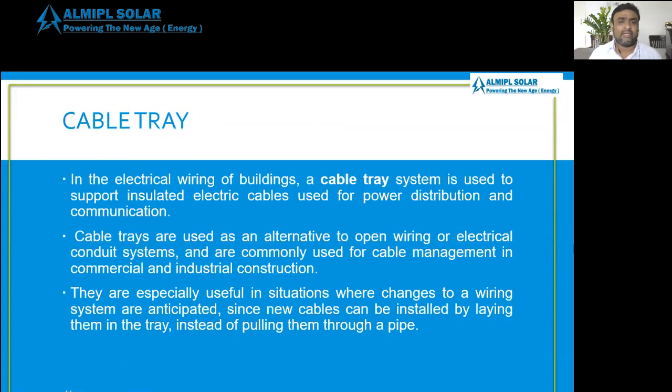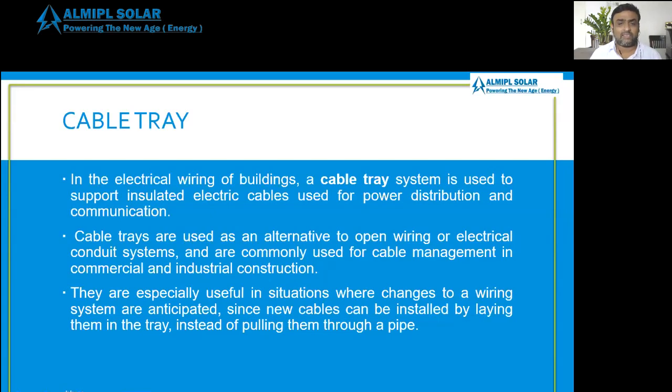Cable tray. In the electrical wiring of buildings, a cable tray system is used to support and insulate electric cables used for power distribution and communication. Cable trays are used as an alternative to open wiring or electric conduit systems and are commonly used for cable management in commercial and industrial construction.